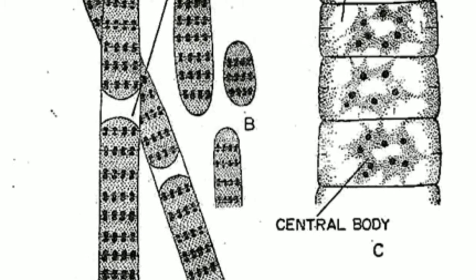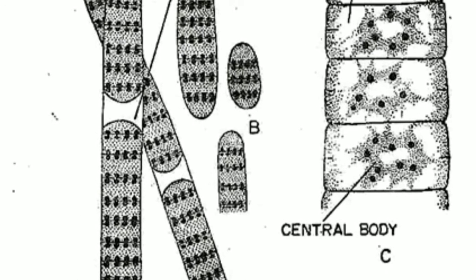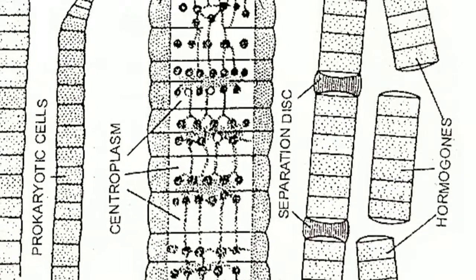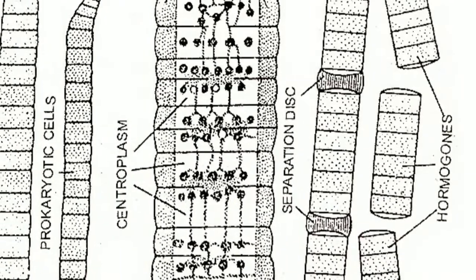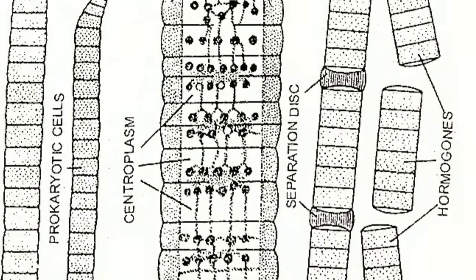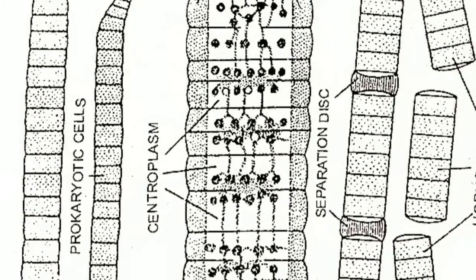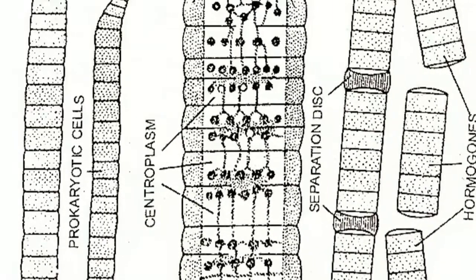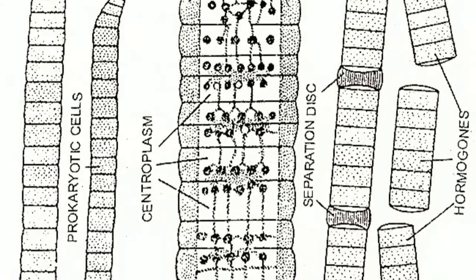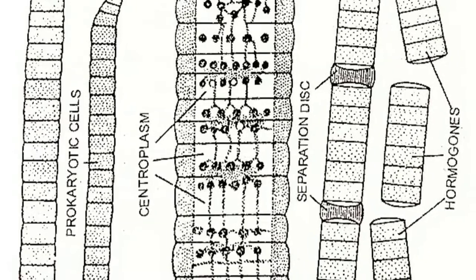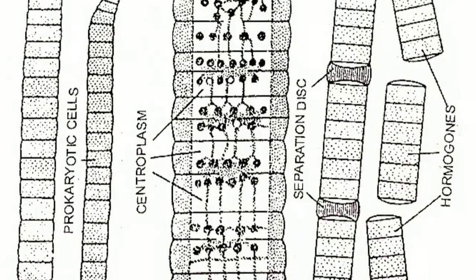Gliding is always along the longitudinal axis of trichome. In some species, gliding movement is accompanied by rotation of trichome. Gliding movement helps Oscillatoria in moving forward. Now we are going to talk about oscillatory movement.